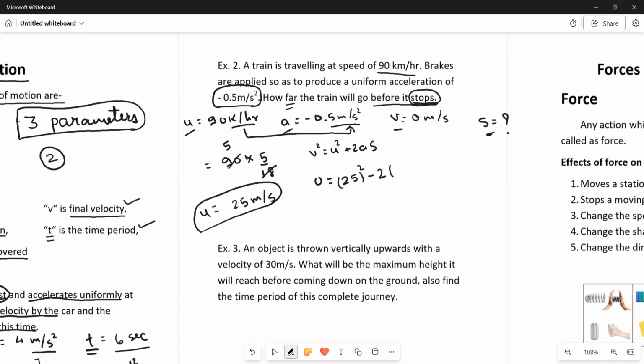Minus 2 times, what is the value of our acceleration? It is 0.5 into our displacement or the distance, which is s.